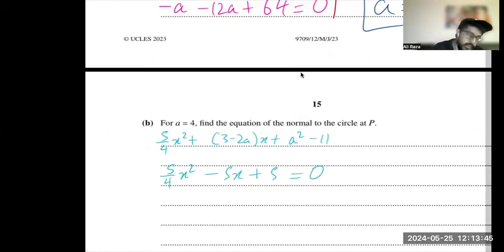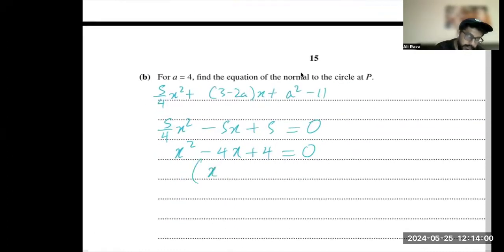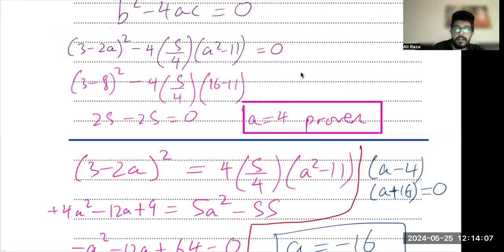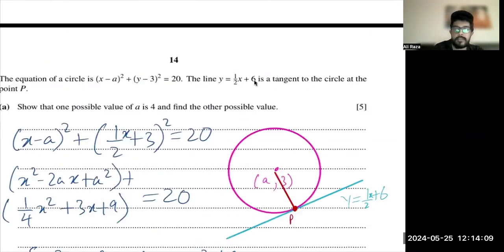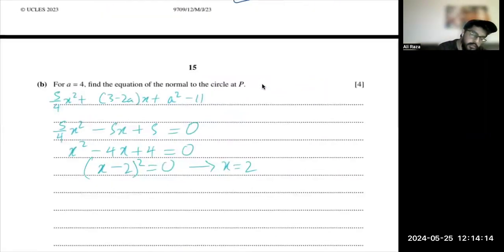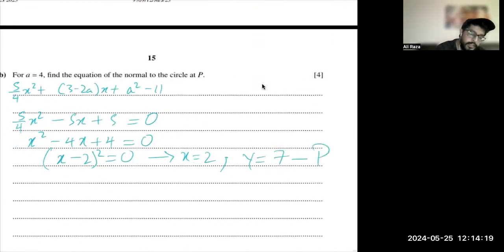When we simplify this, we'll get x squared minus 4x plus 4 is equal to 0. When we factorize this, we get (x minus 2) whole squared is equal to 0. So x is equal to 2. And in this equation, when we plug in x is equal to 2, we get y as 7. This would be the coordinate for P.